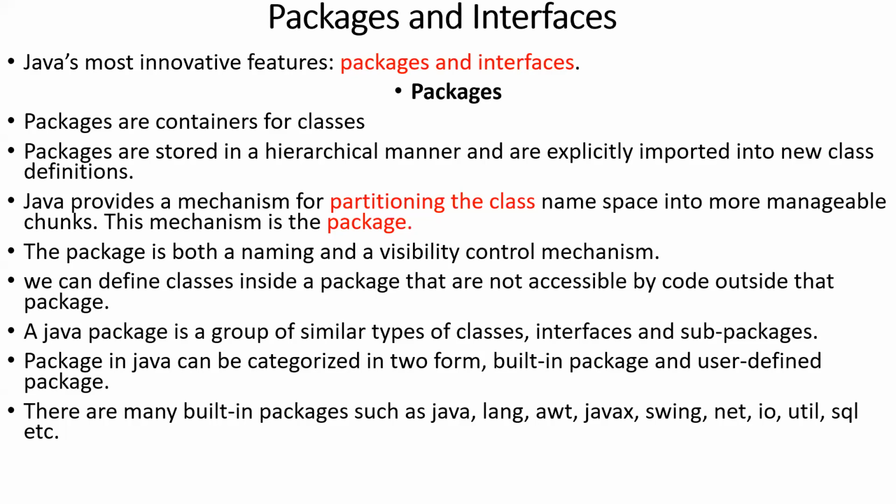When you compare with C++, C++ does not give that much importance to class names and file names. But in Java, all names are very important: class names, package names and all those things. So the controlling of those names and visibility, meaning from where to where you can use those classes and methods, is all controlled by the packages.